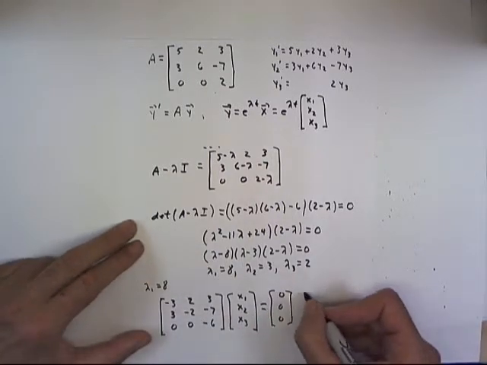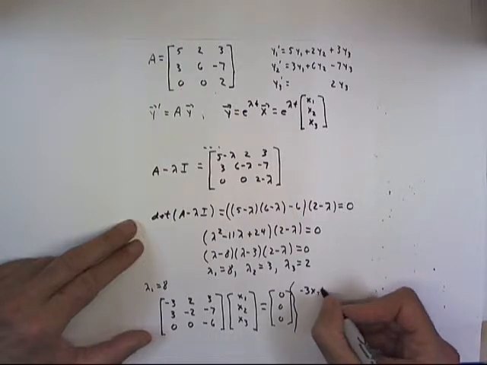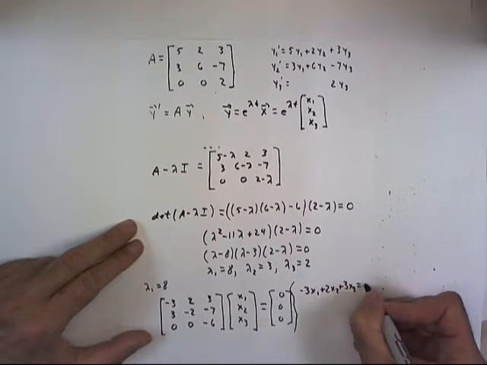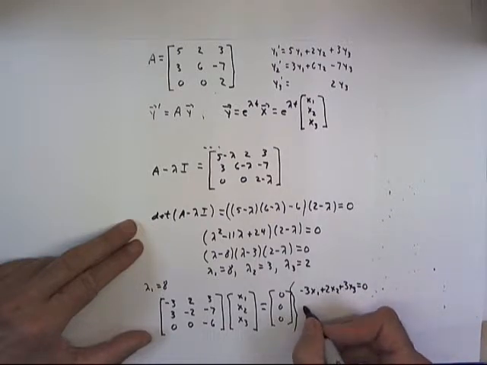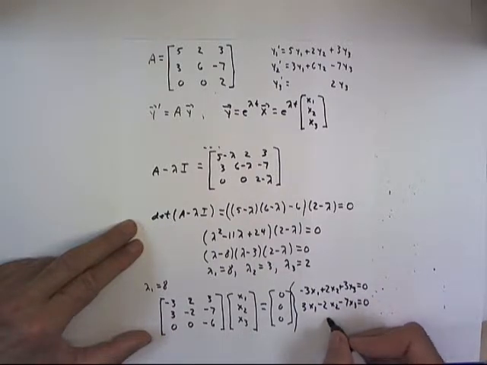This is equivalent to the system of equations negative 3x1 plus 2x2 plus 3x3 equals 0, 3x1 minus 2x2 minus 7x3 equals 0, and negative 6x3 equals 0.